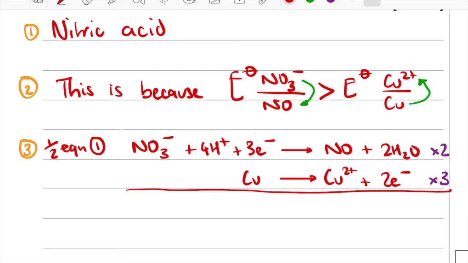So just put that line underneath there. Add them together. So don't forget, we're multiplying the top by 2.